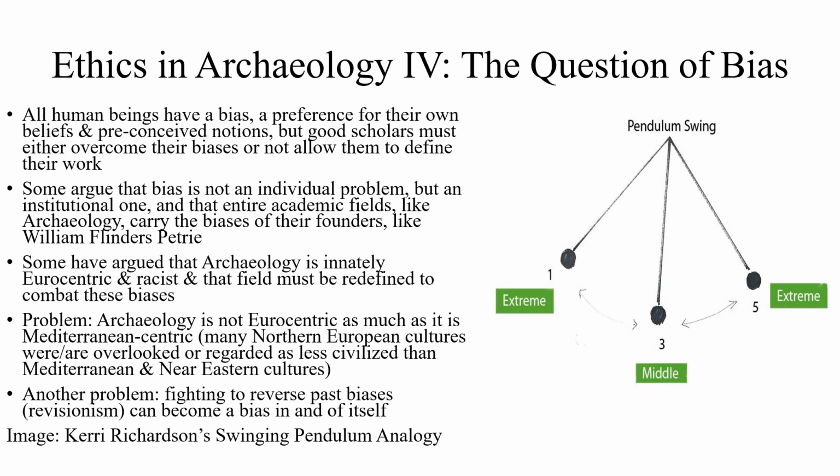And another problem that comes with trying to combat biases is that in an attempt to fight biases that we would not agree with anymore, that we would see as being unfair, or regressive, bigoted, etc., we can end up creating new biases in our revisionism, in our attempt to revise the past. And basically the pendulum could swing too far in a different direction.